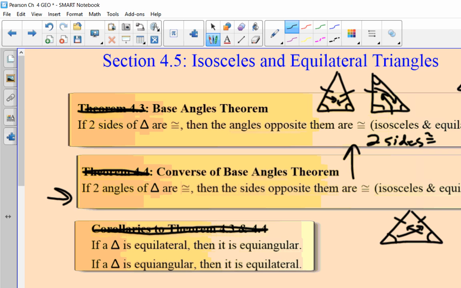So it's the converse of what we just did. So if you had a right triangle, and if these two angles were equal here, then the opposite sides are going to be equal. Okay.